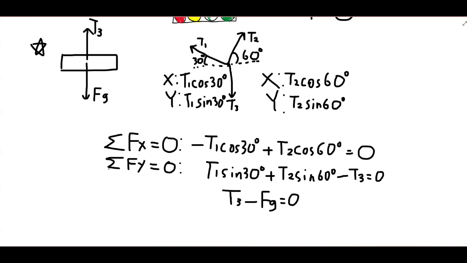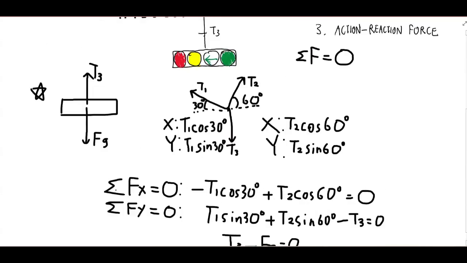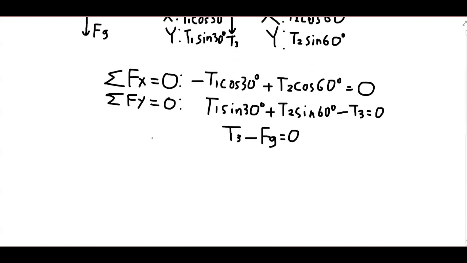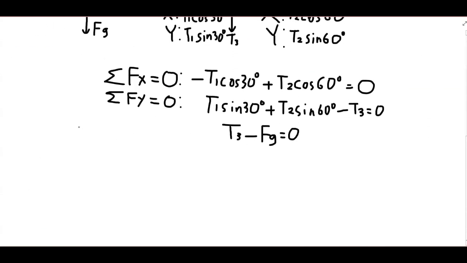We know FG is equal to 2000 newtons here because the problem says a traffic light weighs 2000 newtons. So immediately we can determine what T3 is.